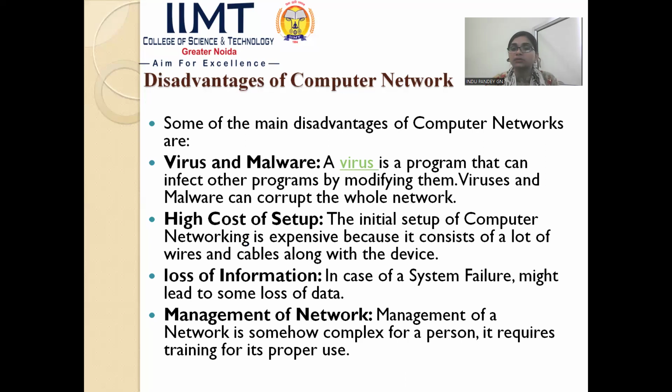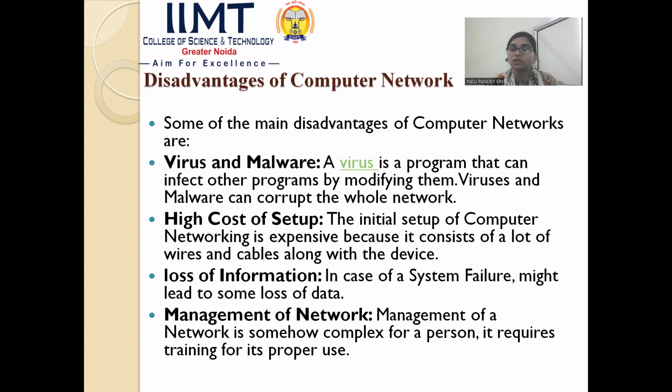High cost of setup. The initial cost of computer networking is expensive because it consists of lots of wires and cables along with devices. So the cost of setup is very high at the initial stage, because we use lots of cables, networks, and devices to establish the connection between the devices.